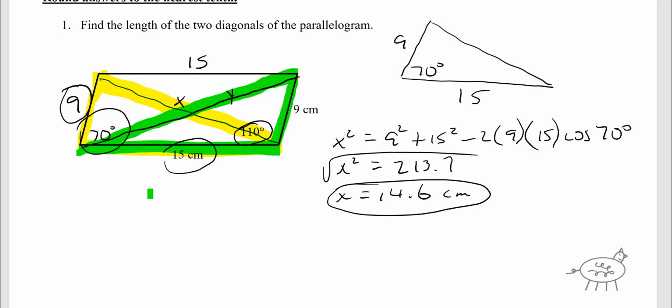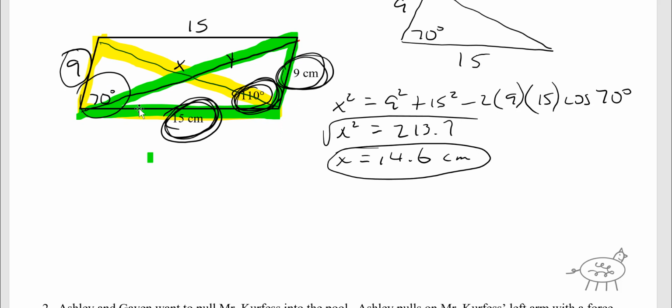Again, this is side, angle, side. So let me sketch that picture here. So here's the triangle, and it's going to be 110 degrees and 15 and 9.